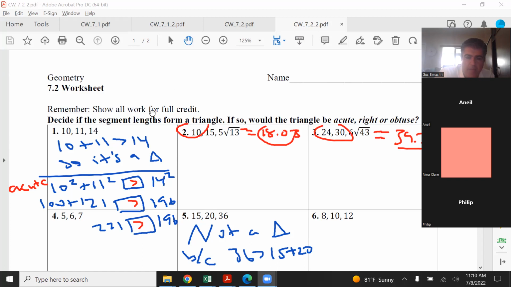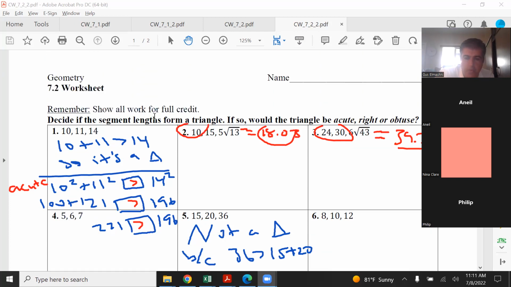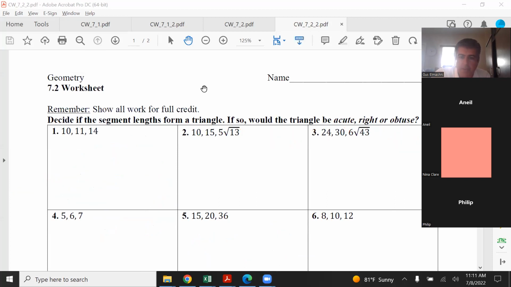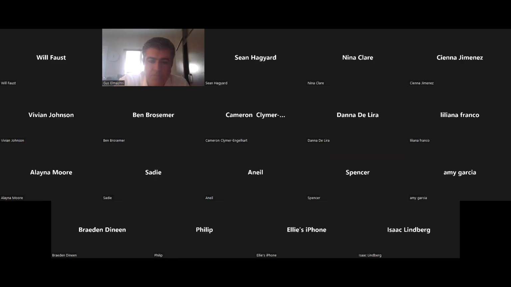So I think you're going to be okay. And in fact, there's only one other scenario that's not a triangle. I'll let you guys figure that out. But 2 and 3 will be okay. If those are triangles, then you got to do the a squared plus b squared compared to c squared and see what happens. So anyway, let me put you guys in breakout rooms again. We'll do this for 15 minutes. Pause record.